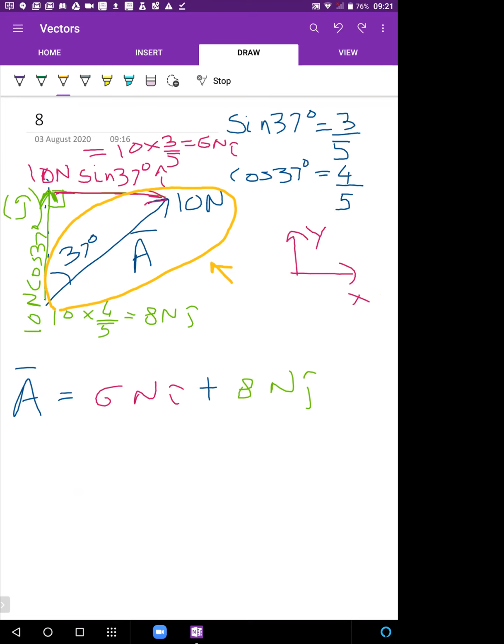In a good question they will define the axes. I will always tell you what the axes are. So x and y are your axes, I'm taking right as x and up as y.